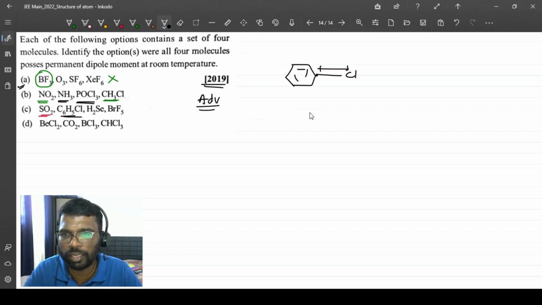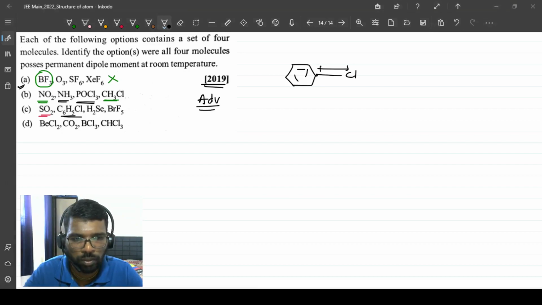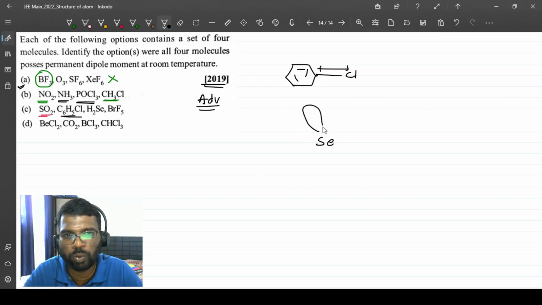H2Se. H2Se means again here selenium is a group 16 element, which means there will be two lone pairs on this selenium, right? So four electrons are not involved in bonding and two electrons are involved in bonding. So this will have a different dipole moment.